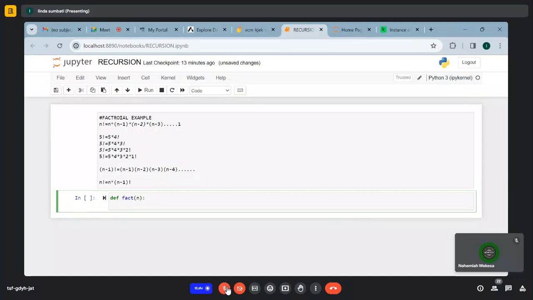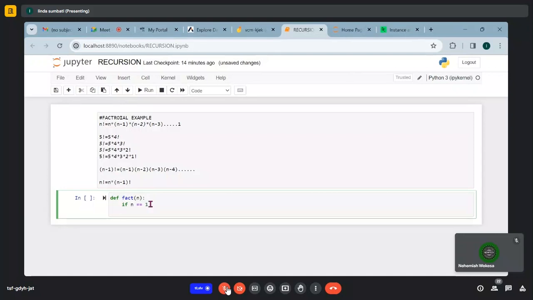We need to have a base case, and definitely we are seeing that as you do the factorial from 5, at the end of the day, you'll always end up at 1. So you can say, if n is equals to 1, then we can return, what can we return? We can return 1, right?